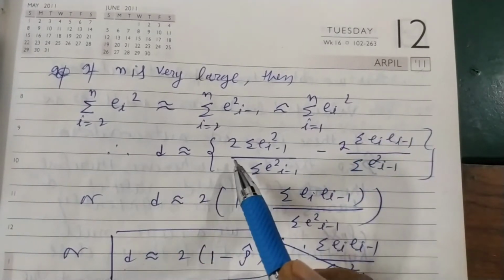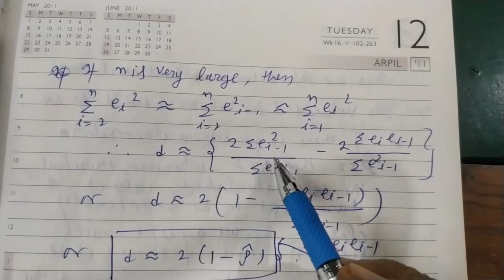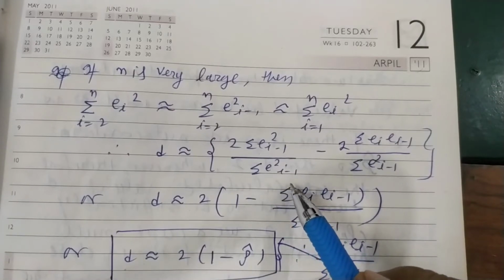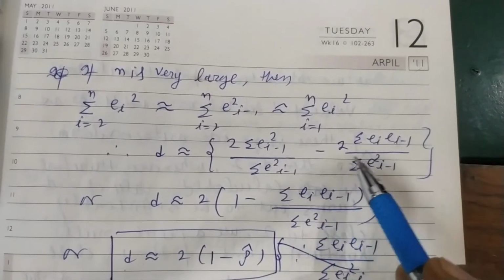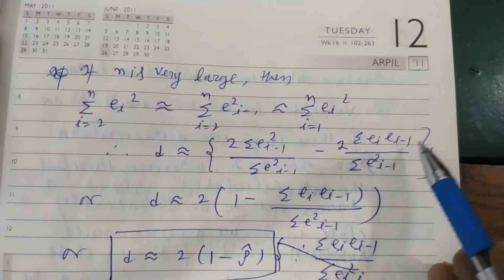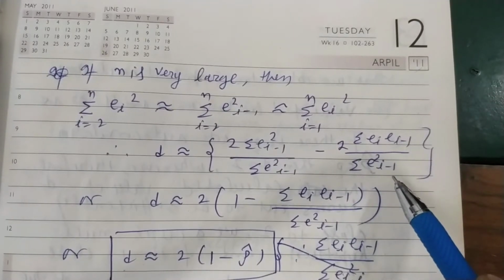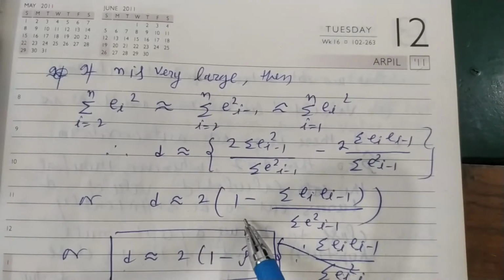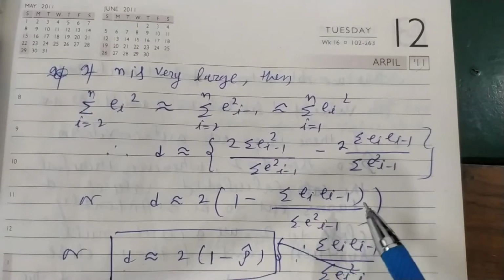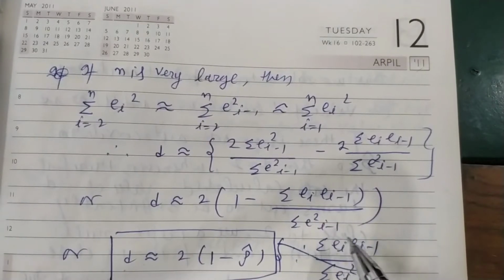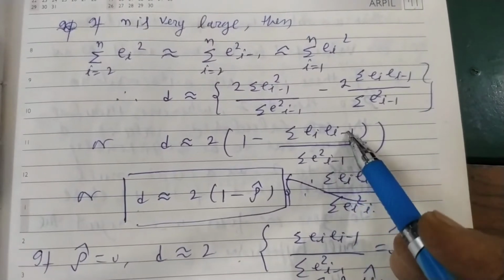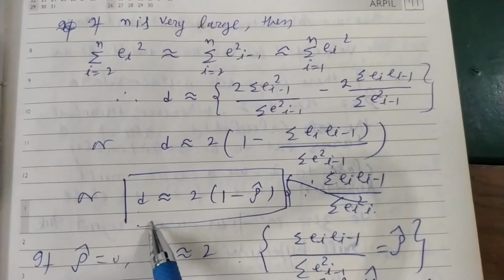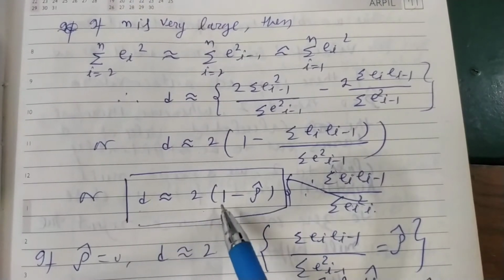Approximately d is equal to 2 ei whole square i minus 1 upon sigma ei whole square i minus 1, and it is also equivalent to 2 sigma ei ei minus 1 upon sigma ei square. d is approximately equal to 1 minus sigma ei ei minus 1 upon sigma ei whole square.